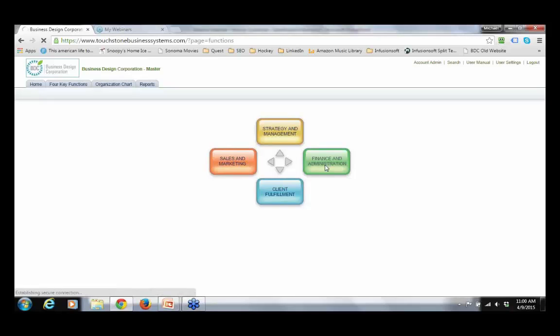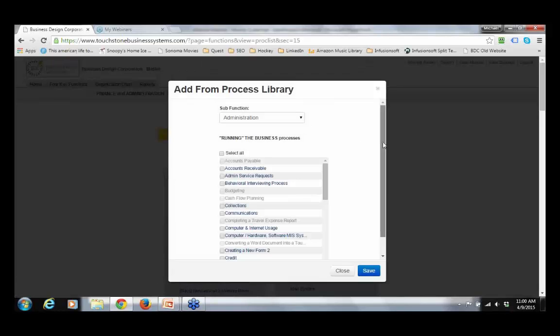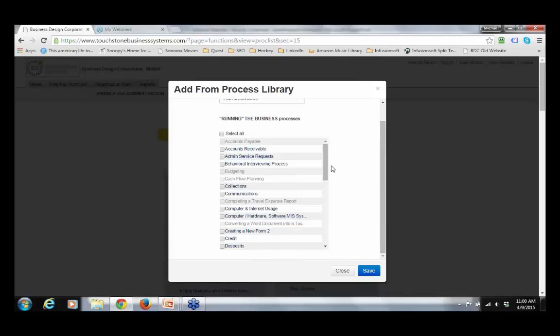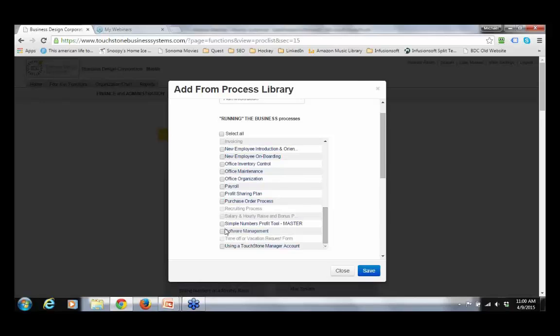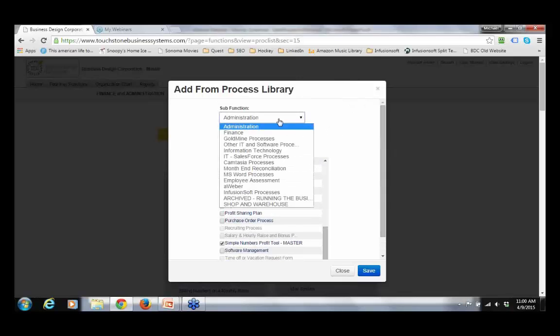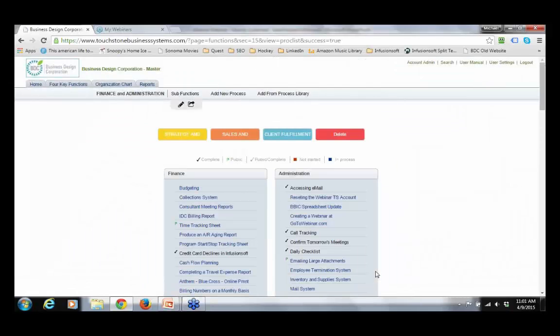If you select that quadrant, go up to Add from Process Library, select General Processes and scroll down to the S's, you'll see a system here called the Simple Numbers Profit Tool Master. Just put a check mark there, and I would probably pop that into your financial section, and then click Save, and it will download this process into your Touchstone account.